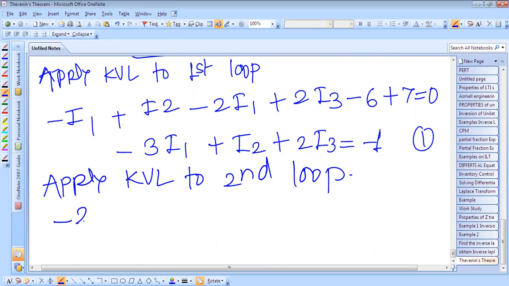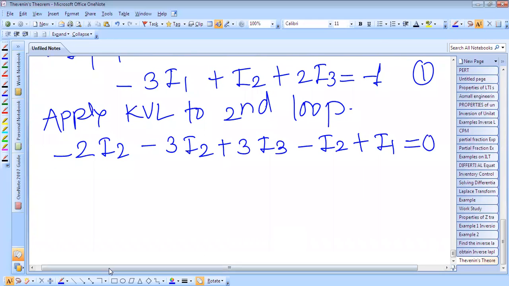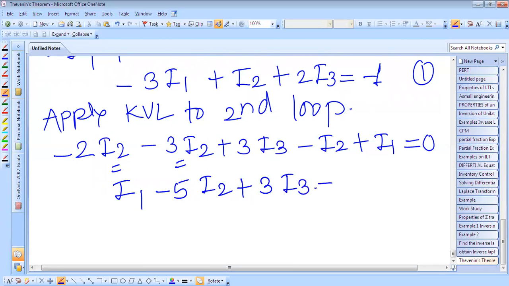So this is a 2 I2 minus 3 I2 plus 3 I3 minus I2 plus I1, and there is no voltage source in this loop, therefore we can write like this. So this is I1 is there, I1, and this I2 minus 5 I2, this I3, 3 I3, and this is equal to 0. This is equation number 2.